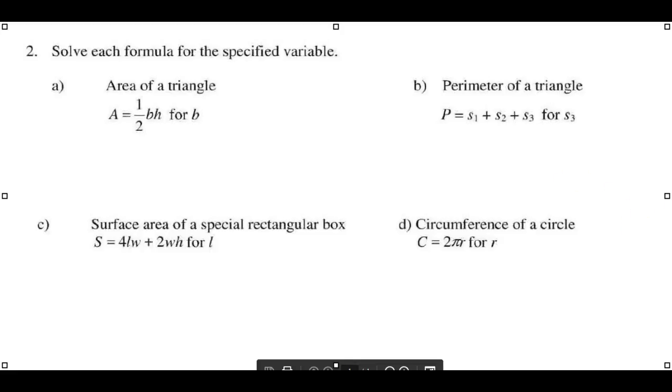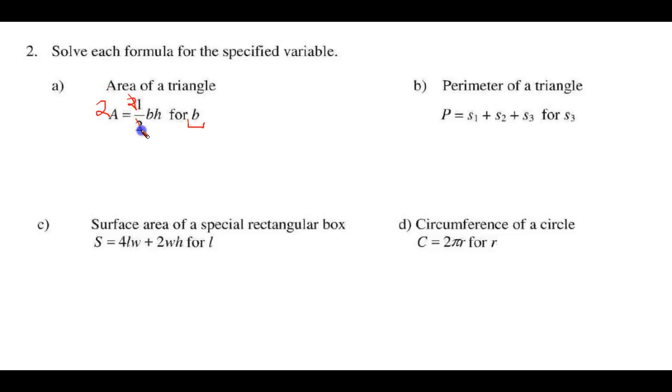A modification of substituting parts into a formula is to just solve for the letter. They want to know what B is. And in this formula, so there's the B right there. So what would you do as fractions? You said get rid of the fractions by multiplying both sides by 2.